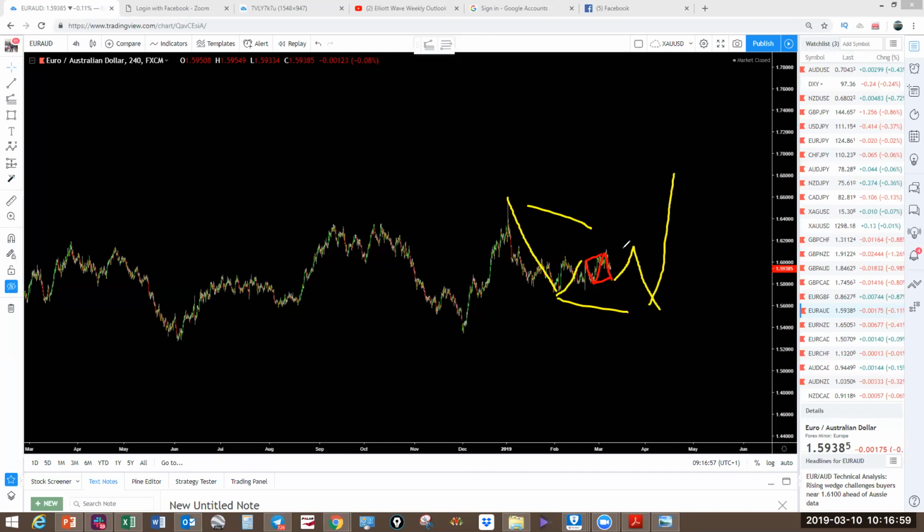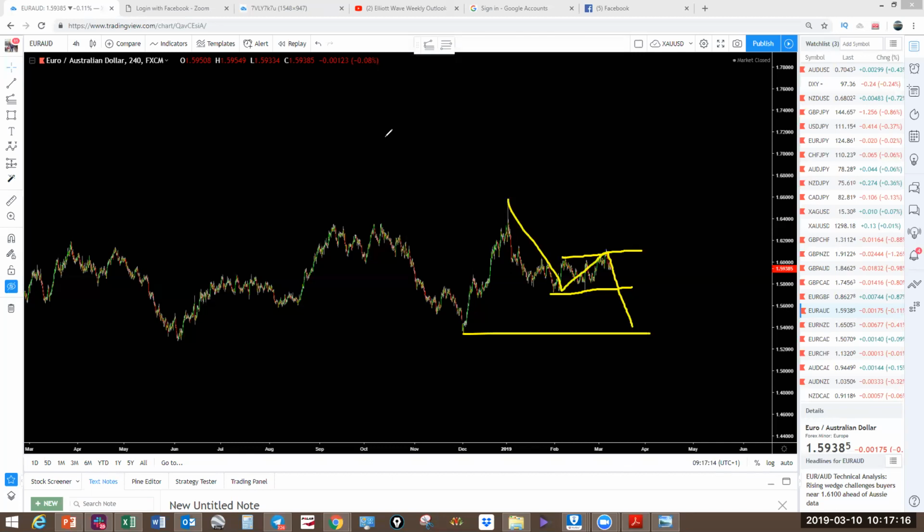So now what you wait for is for this corrective structure to complete. This one here. Wait for it to complete, because you may get 1 corrective structure, 2, and even come and retest the top here. Okay, so the Aussie is going to be strong in the next coming session. So we'll expect this one to drop slightly.